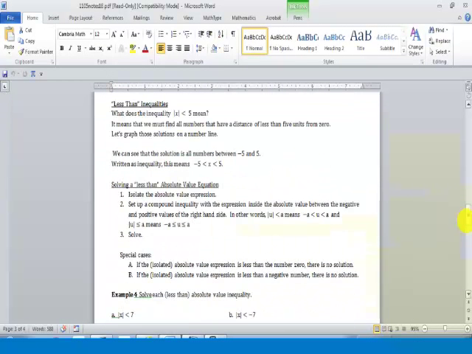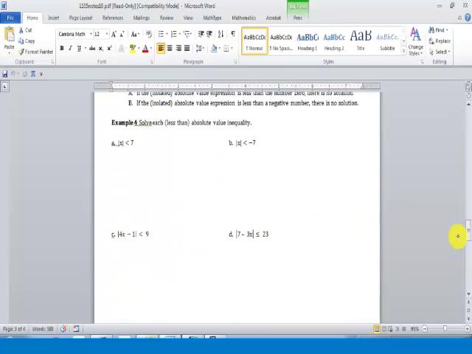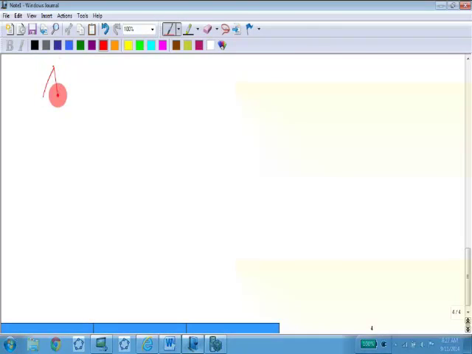Absolute value inequalities. Again, the big key with these absolute value inequalities is to be able to take the expression that has absolute value symbols in it and rewrite it as an equivalent expression, one that means exactly the same thing but doesn't have absolute value bars.